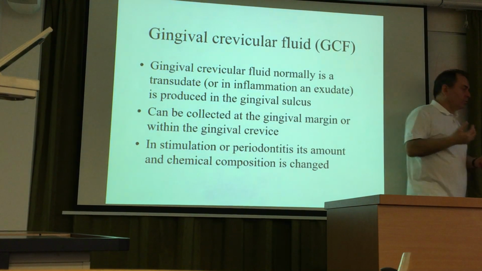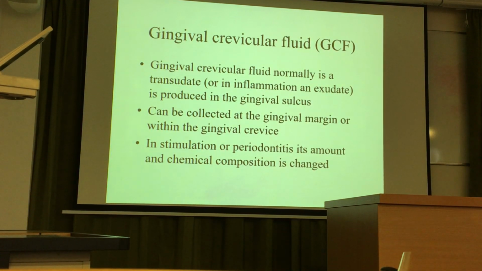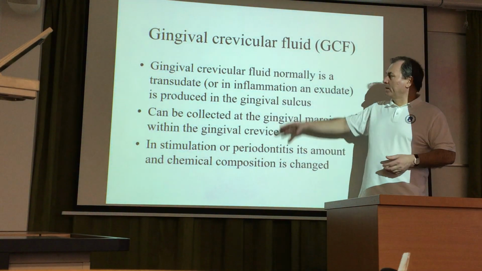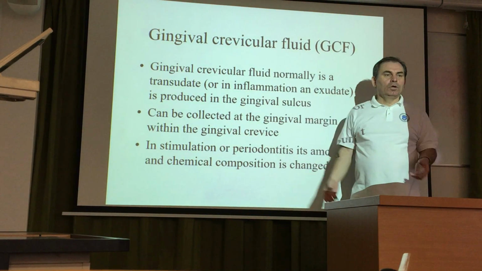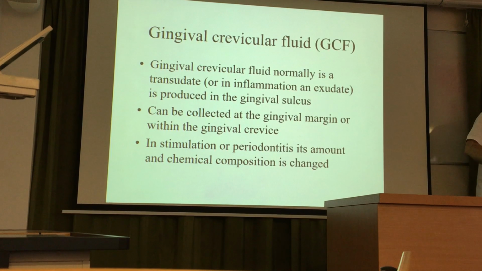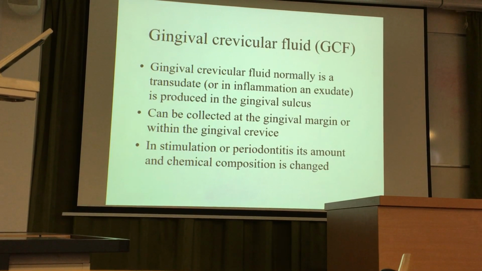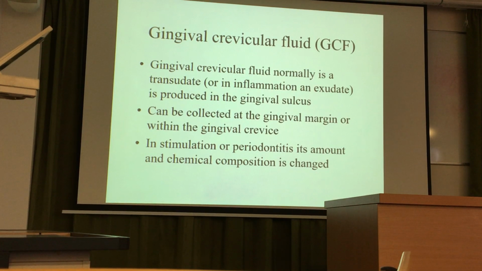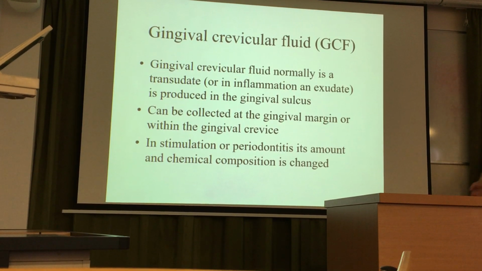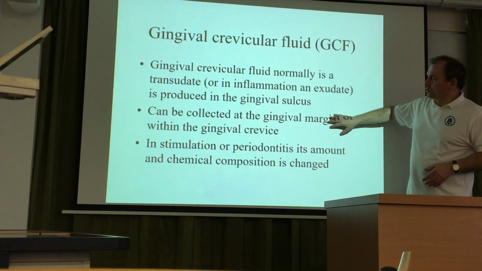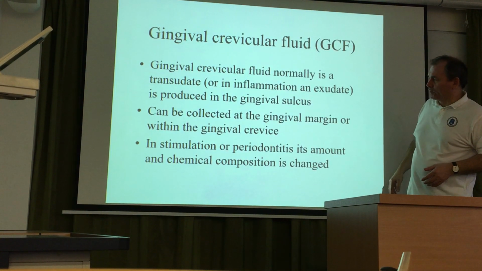The protein content is different: in transudate we have less protein, but in exudate, because of the more porous vessel walls, more blood and plasma proteins will appear in the gingival sulcus.